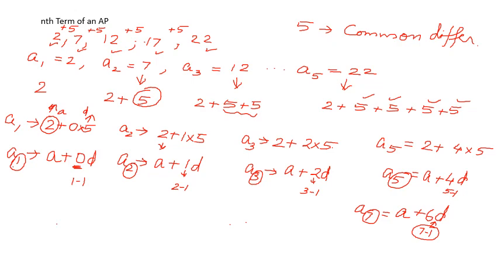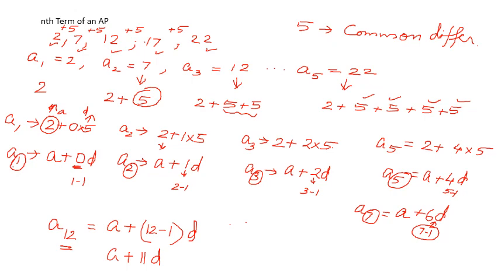Understood? So if I say A12, 12th term, how will you get? A plus 13. 11, it is 1 minus, not 1. You don't have to add, you have to subtract. So here it is given 12 means it should be 12 minus 1 into D. That is A plus 11D. Understood?